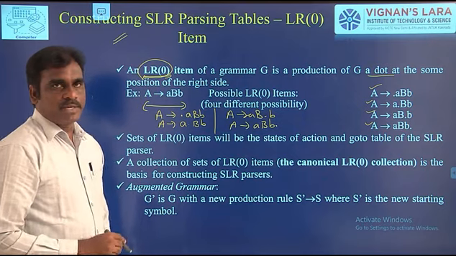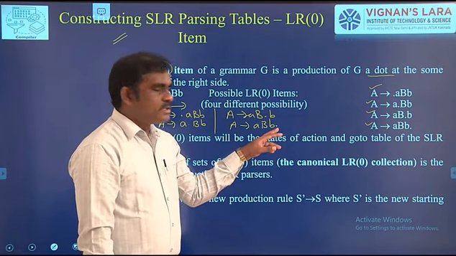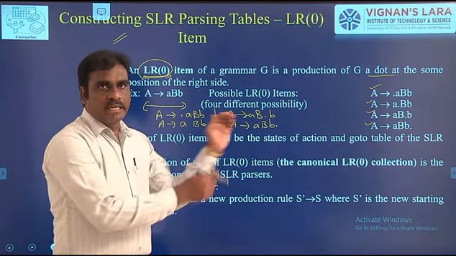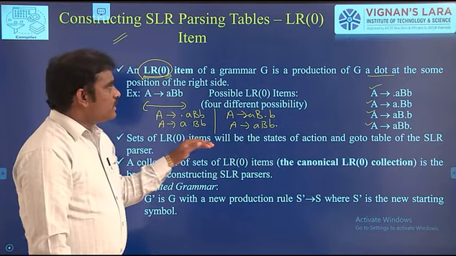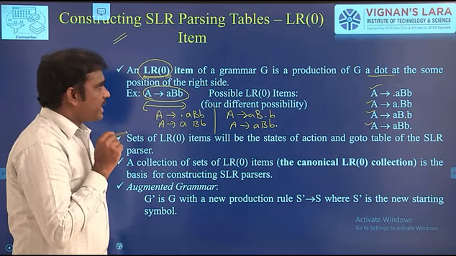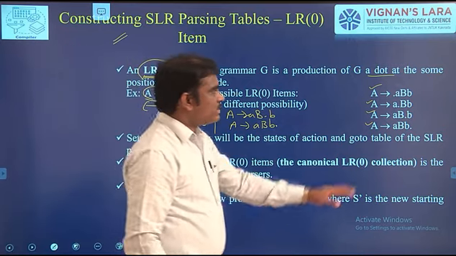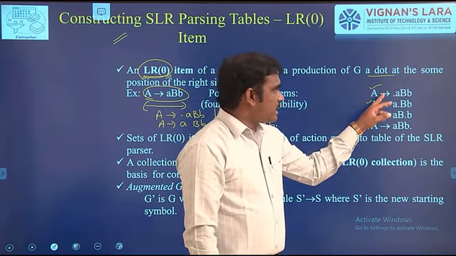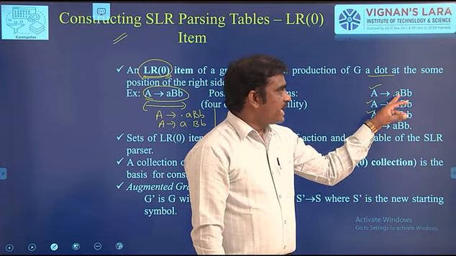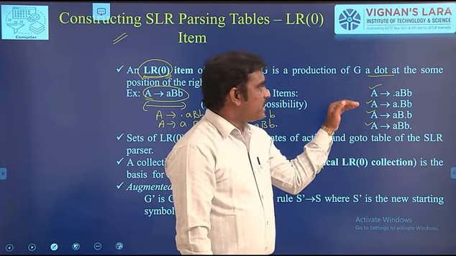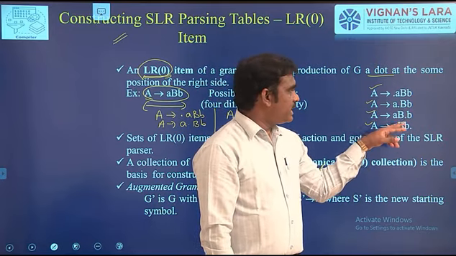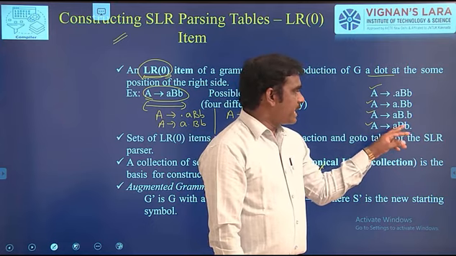Now the process is completed because the dot is followed by zero symbols. If the dot is followed by any symbol, then we simply move it to the right. So if the given grammar contains A to ABB, then applying the dot operator, we get a total of 4 productions: A to dot ABB, then A to A dot BB, then A to AB dot B, and then A to ABB dot.